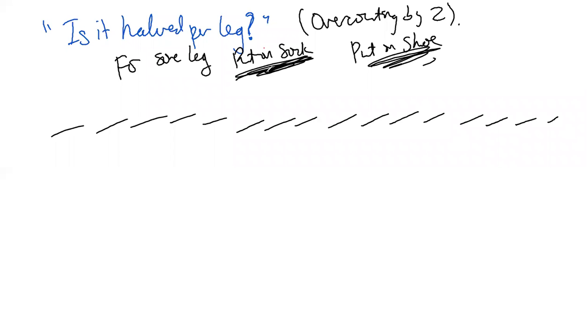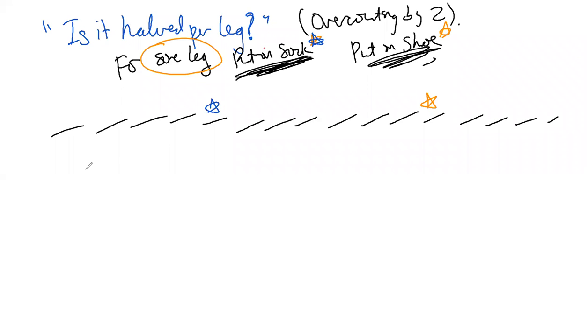We realize that put on sock and put on shoe for this specific leg, I'll put a nice little star next to it. Let's say we have a specific arrangement, and I'll use a blue star here. Let's say our 2 appear here. According to this leg, this is a good arrangement, because I have put on the sock before the shoe for that leg.